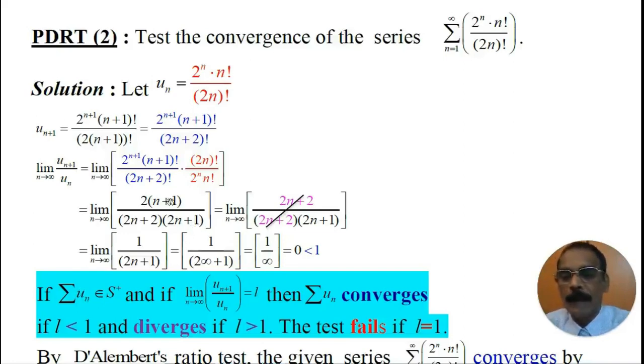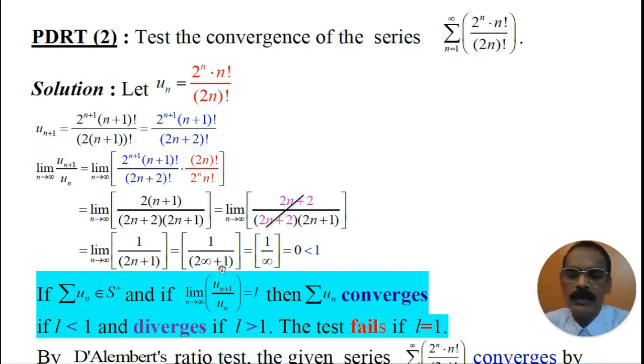Let us multiply by 2 so that it is 2n+2. We also have 2n+2 in the denominator. Therefore, these two terms get cancelled and we are left with only one factor, namely 2n+1. That is limit of 1 by (2n+1) as n tends to infinity. Now we have to replace n by infinity. Therefore, it is 2 infinity plus 1.